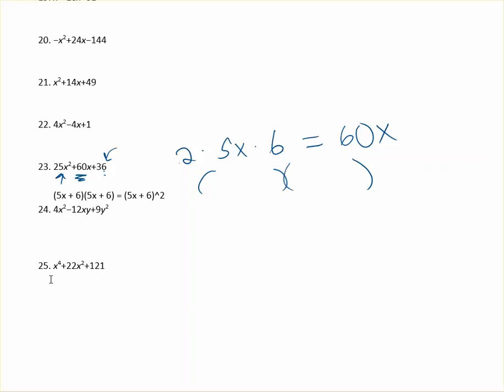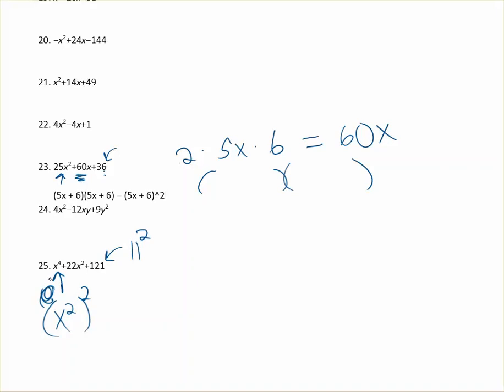Number 25, I'm just going to start you out here with what is A and what is B and so on. So I could write this as x squared, squared. That's the same exact thing as x to the fourth. I could write 121 as 11 squared.